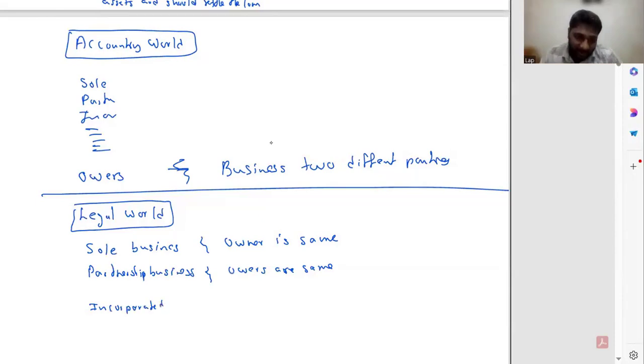Incorporated businesses and owners are not same. Owners will have a separate identity. Incorporated business will have a separate identity. Do you know that?